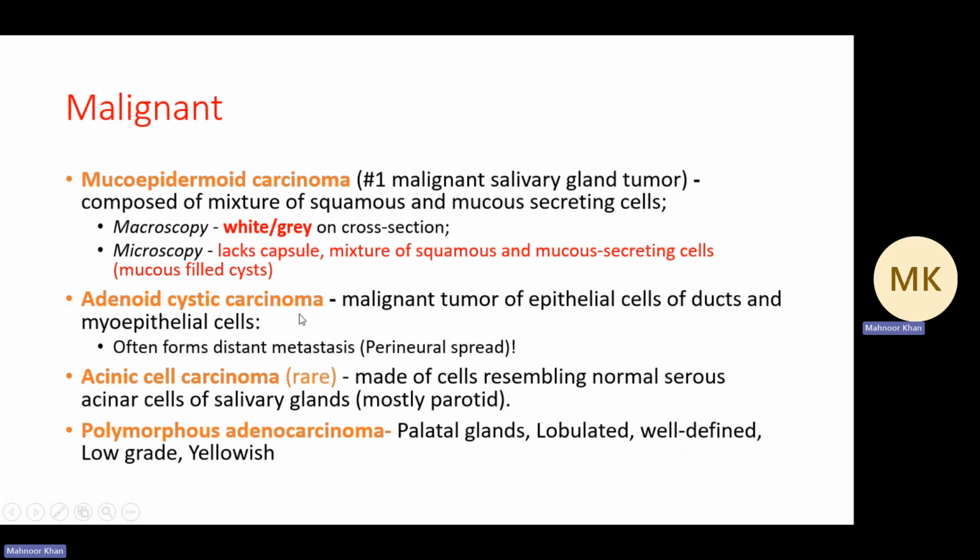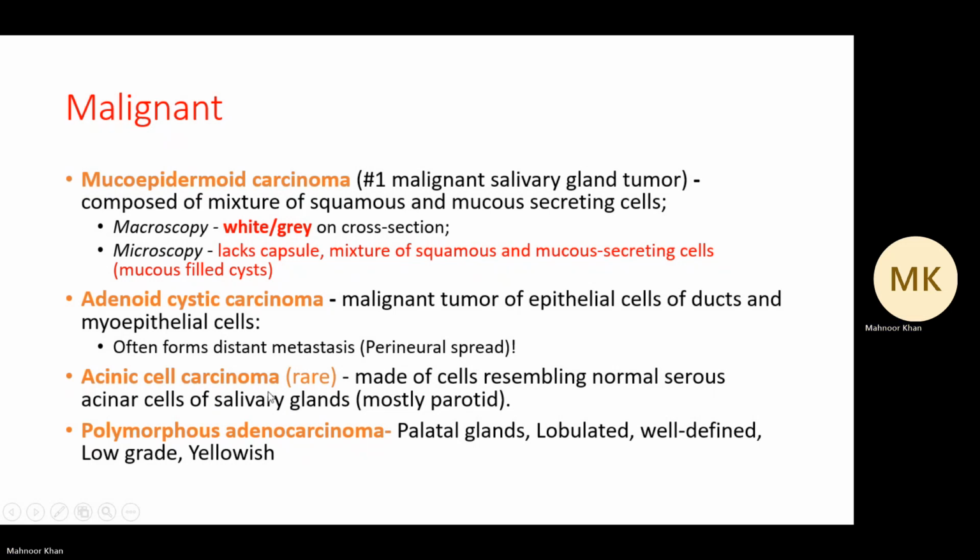Then you speak about adenoid cystic carcinoma, a malignant tumor of epithelial cells of ducts and myoepithelial cells. It may often form resistant metastasis via perineural spread. Then you can talk about acinic cell carcinoma, rare, and polymorphous adenocarcinoma. You don't need to know so much about all of this, just at least name these two.